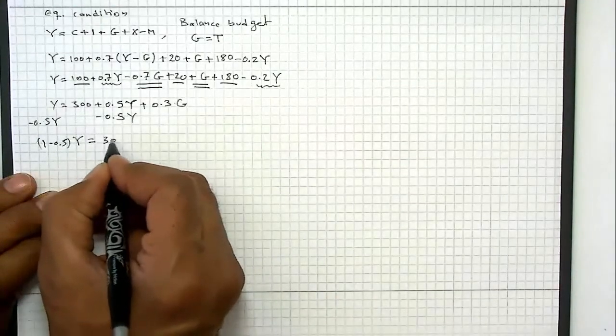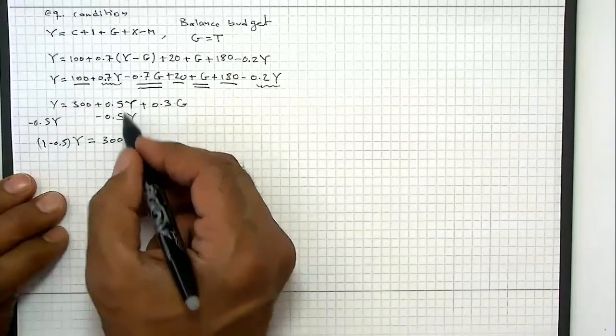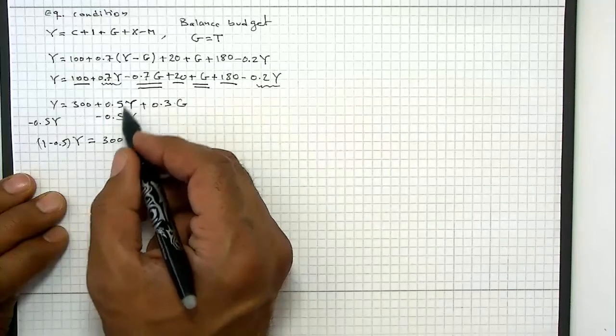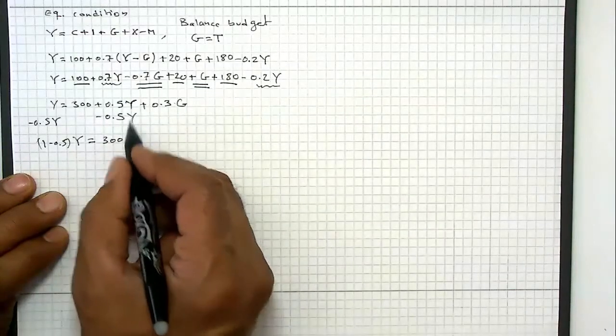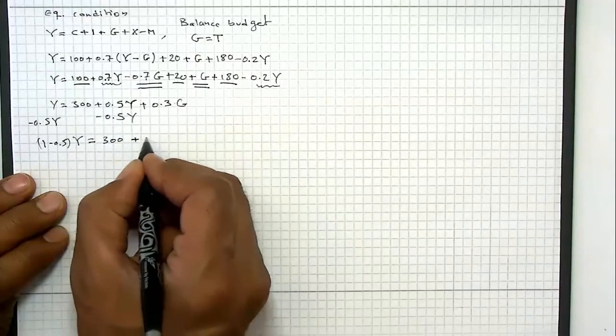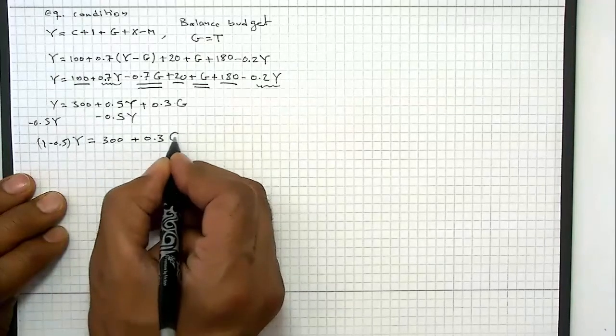Here I have 300, and these two cancel out each other, so I don't have any term with y on the right hand side. Instead I have plus 0.3g here.